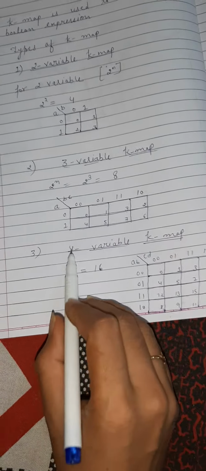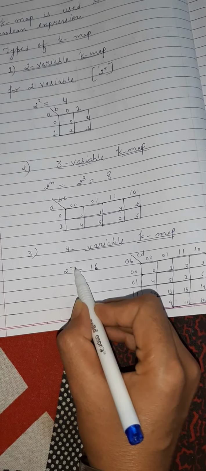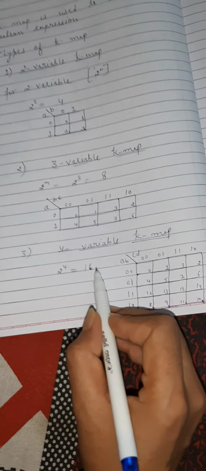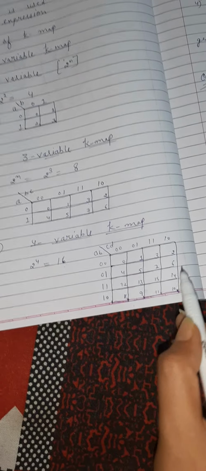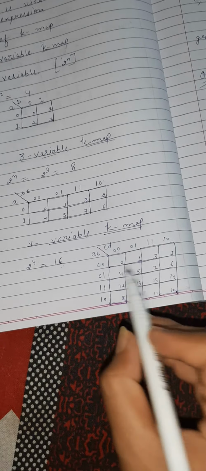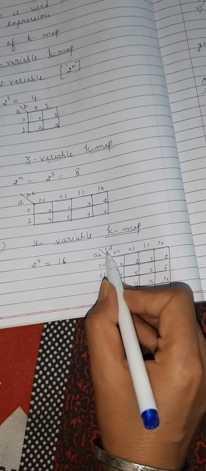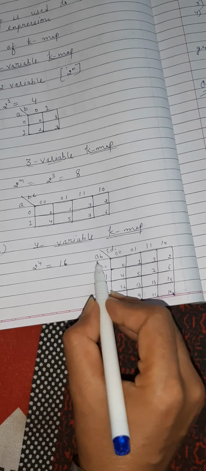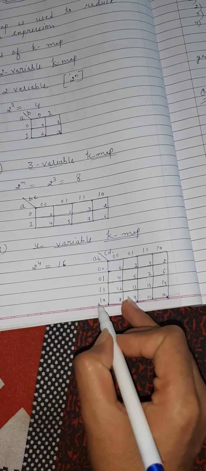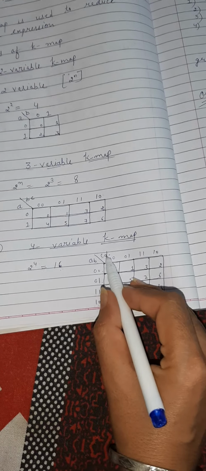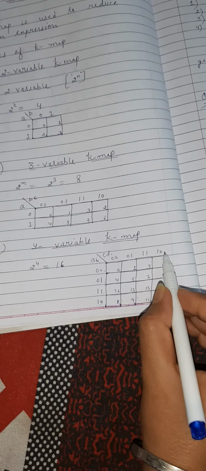Now comes the 4 variable K-map. For a 4 variable K-map, 2 raised to power 4 is equal to 16, and we have to make a 16 box K-map. We will make it like this, and the variables are written as AB and then CD. The value of AB can be 00, 01, 11, 10, and the value of CD can be 00, 01, 11, 10.